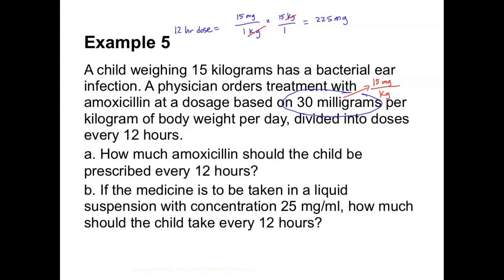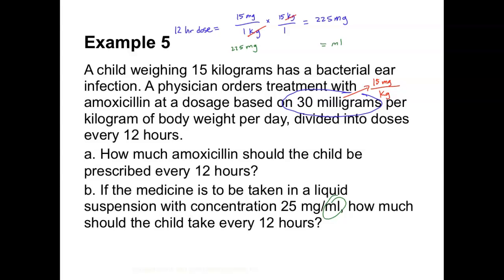So we're going to start with that. We're going to keep in mind what we want as an answer. We're looking for how much liquid they should take, so that's going to be an answer in milliliters. I'm trying to get to milliliters. And they tell us that it's 25 milligrams per 1 milliliter.